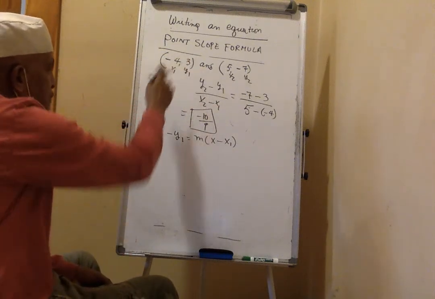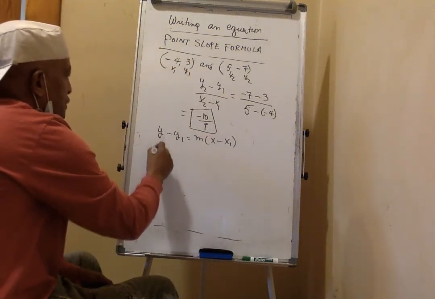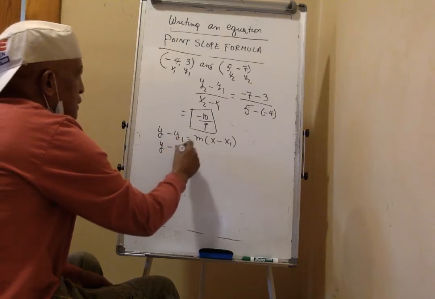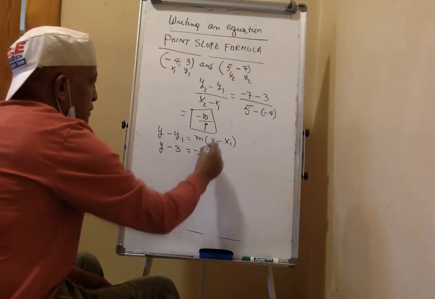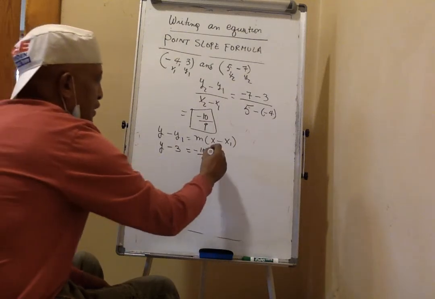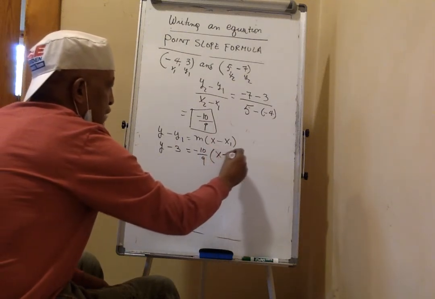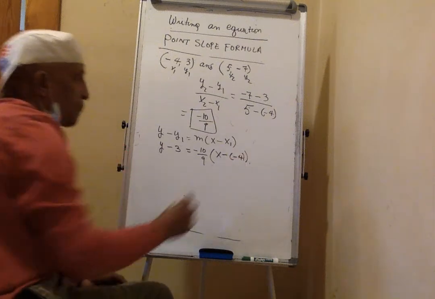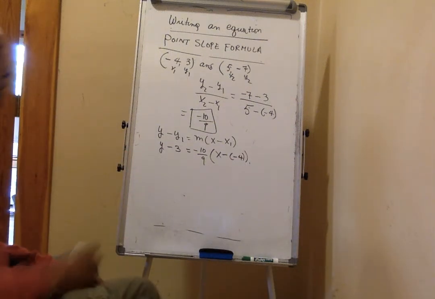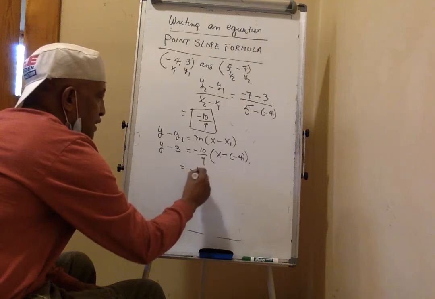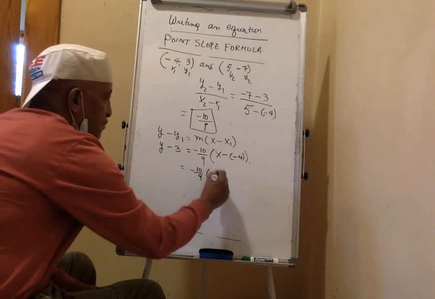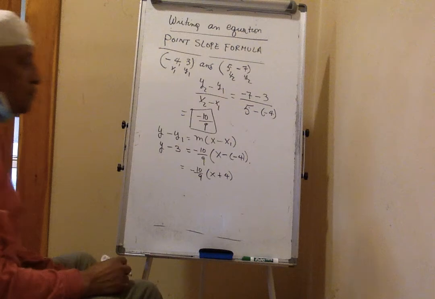So if you choose this one, your y1 becomes 3. Your slope is -10 over 9. And your x1 would be -4. So this would give us -10 over 9 times x plus 4.